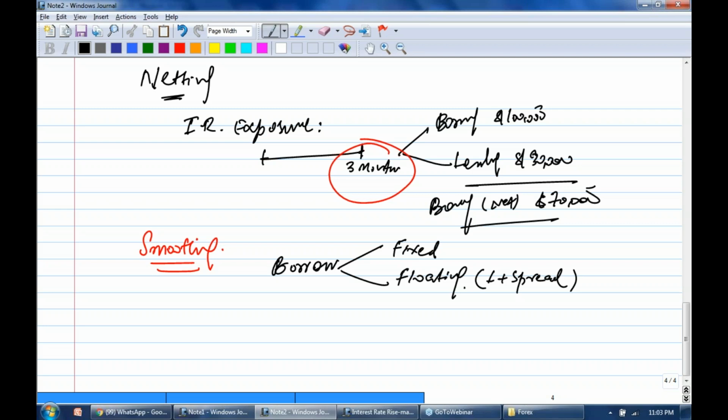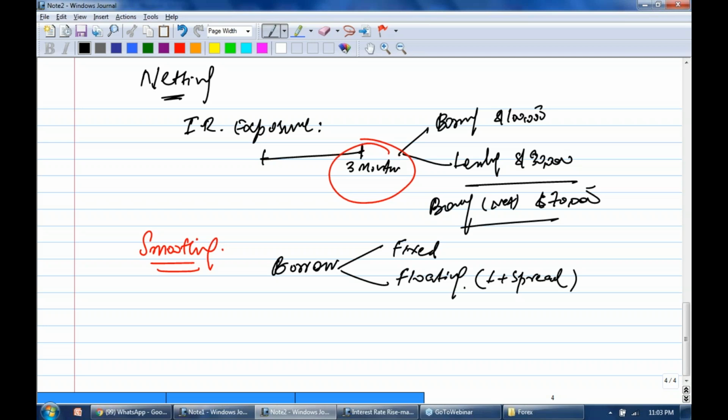So you must know that in the case of floating, you have a risk. What risk? If the interest rate moves up, you have to pay more. But listen to this statement very carefully. Either fixed or floating, in both cases there is a risk.